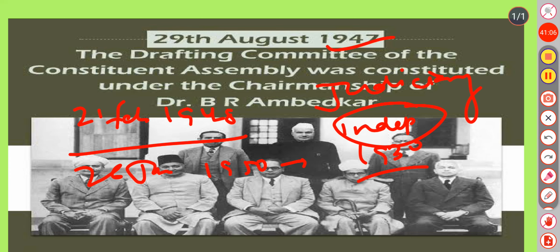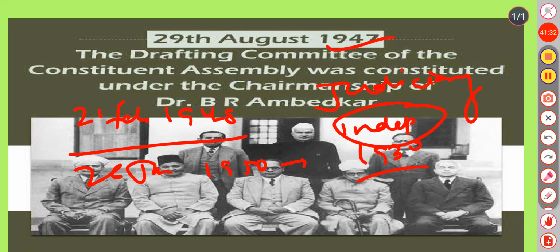Then the Australian Constitution: the concurrent list, provisions regarding trade, commerce and industry, and the language of the preamble. Now the South African Constitution: the procedure of constitutional amendment.